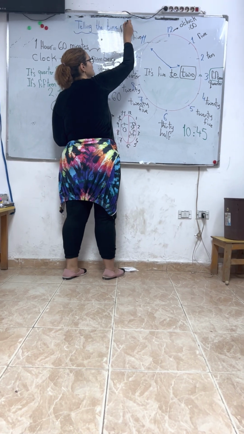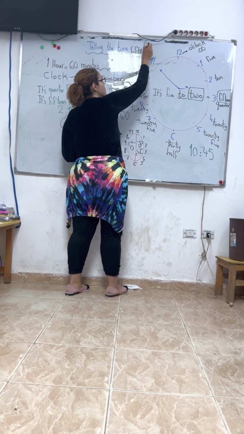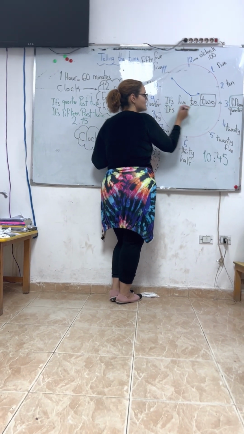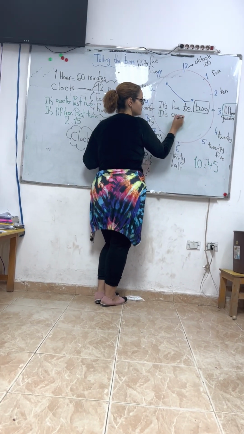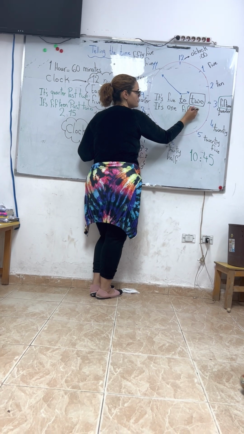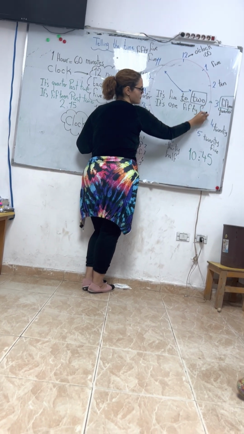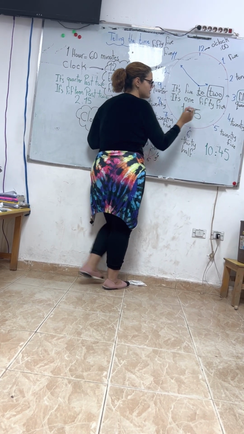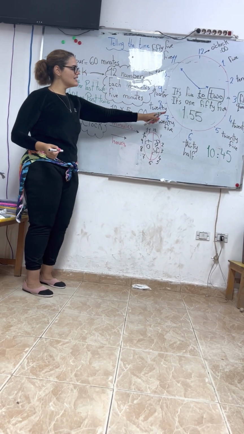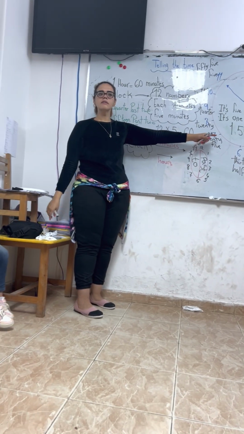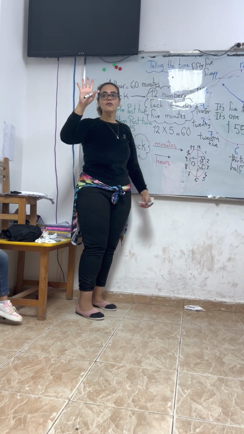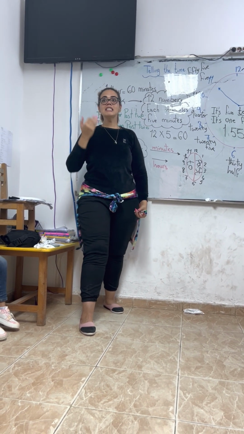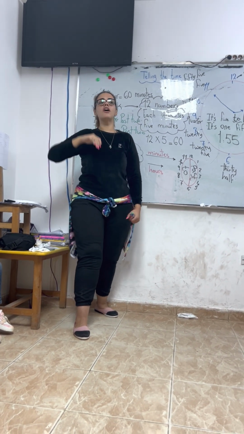So I write it like this: 1:55. How many minutes does it need to be 2 o'clock? 5 minutes. That's why we say it's 5 to 2. To means 5 minutes before 2 o'clock.